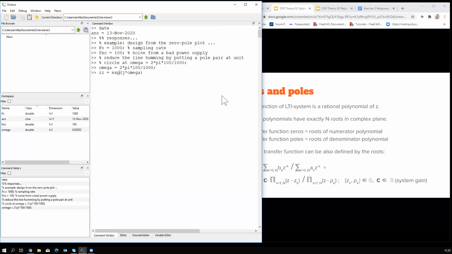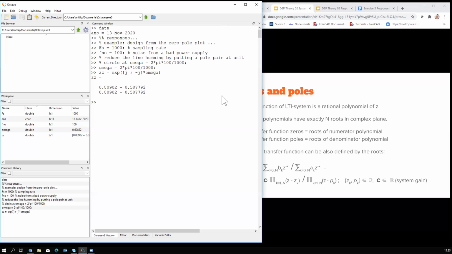And how to tell MATLAB or Octave that this is a zero or pole, you put j and minus j. So that will be the complex conjugate pair, but you actually produce a column vector.